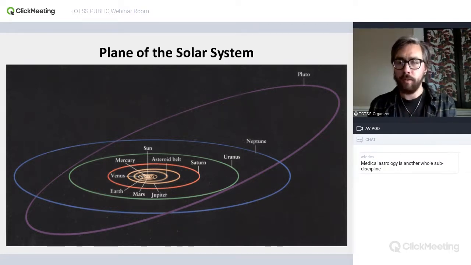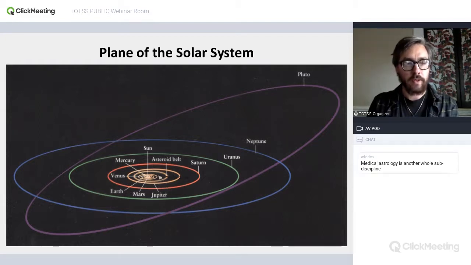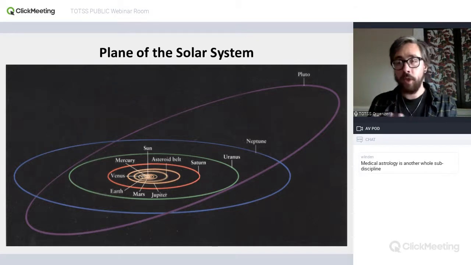This is showing a modern cosmology and the plane of the solar system. So we've got the sun in the center, surrounded by the orbits of Mercury, Venus, and then Earth and Mars, the asteroid belt, and then Jupiter and Saturn. And that's really all the planets that we are concerned with here. But you can also see Uranus and Neptune out here. And we're just not going to worry about Pluto, which is really weird and different.